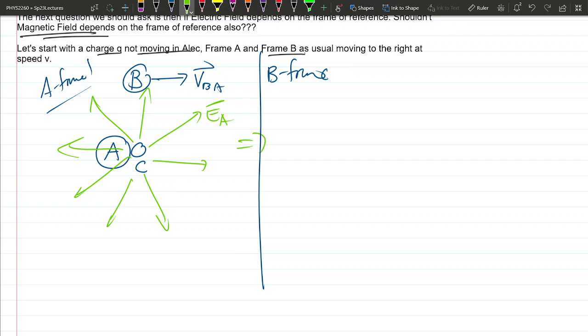In Brittany's frame, she is standing still, and Alex is the one that's moving backward, with velocity negative VBA, with some charge C. So you can actually calculate exactly what that is.